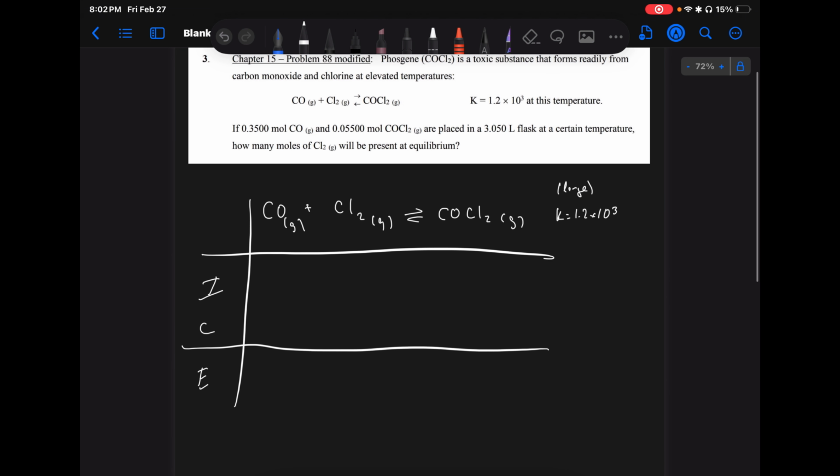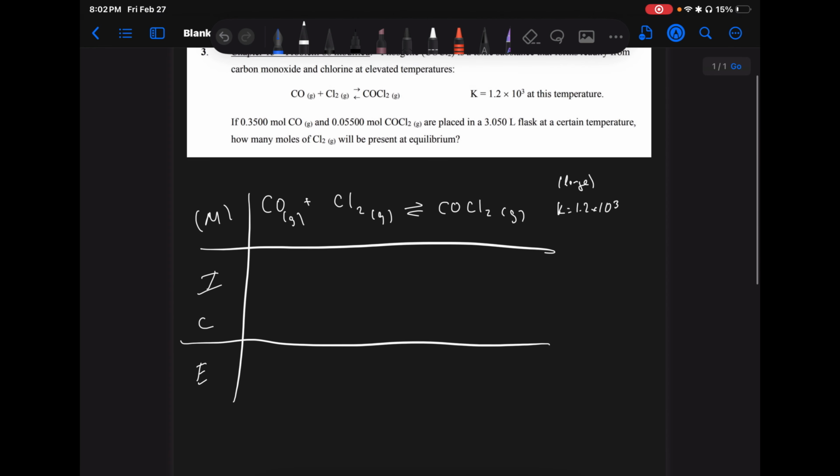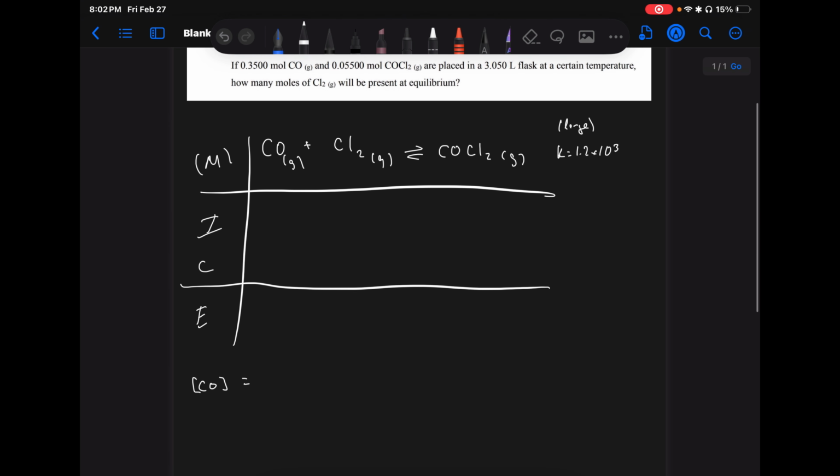So CO starts initially with 0.35 moles, but we want to do this in moles per liter. Quickly doing that calculation, that is equal to the number of moles, so 0.35 moles divided by 3.05.